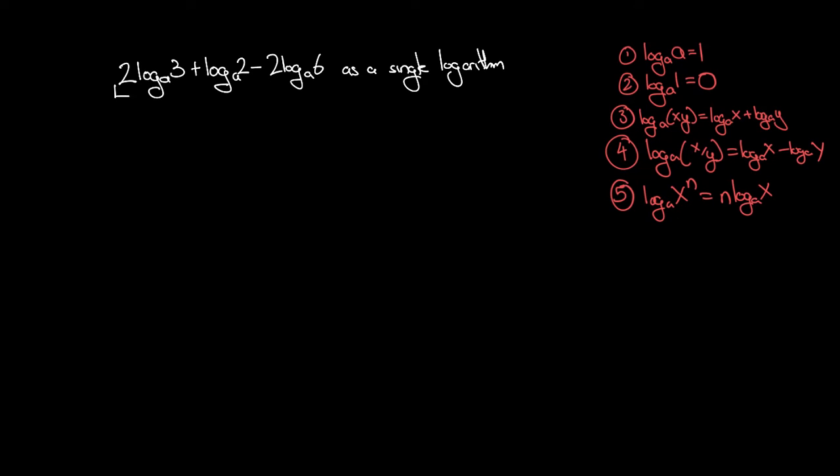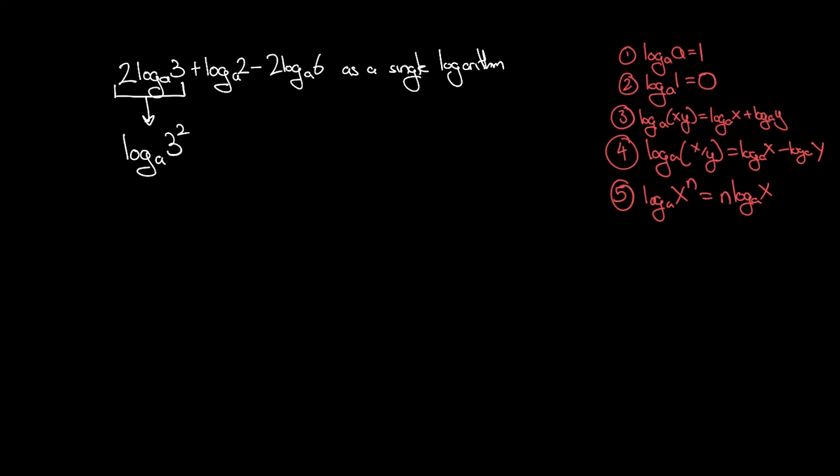For this one, which rule are we going to use? Well, that is going to be rule number 5 that we looked at. This is going to be the same thing as the log base a of 3 to the power of 2. So that takes care of that one.